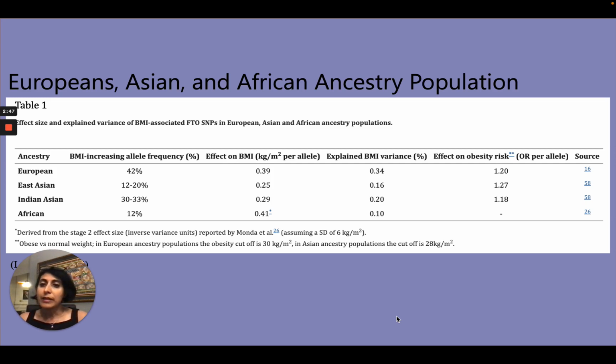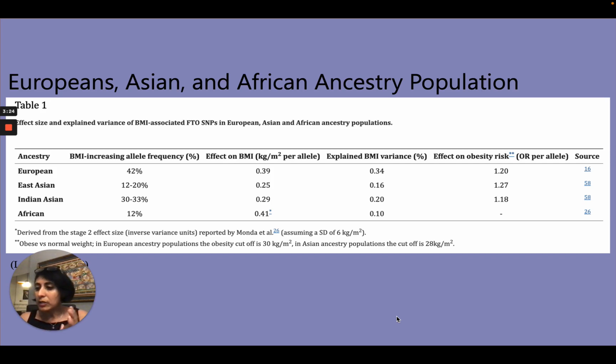However, the issue is trying to replicate those studies to get consistency. So through replication studies, it has shown researchers that the FTO gene does have a consistent effect when it comes to obesity, but for whatever reason, when it comes to African Americans and Africans, the connection is not as consistent.